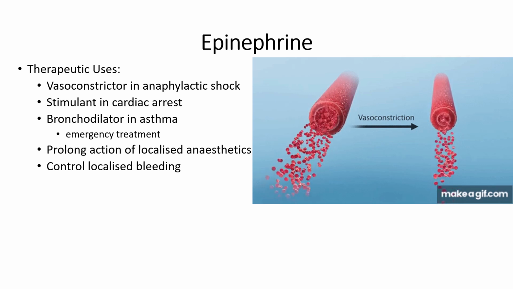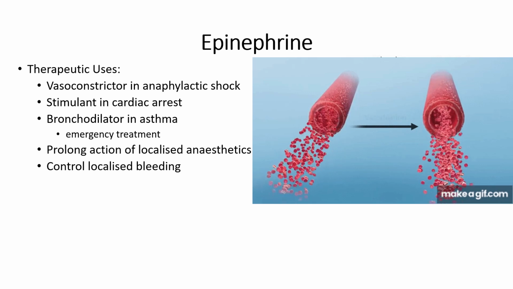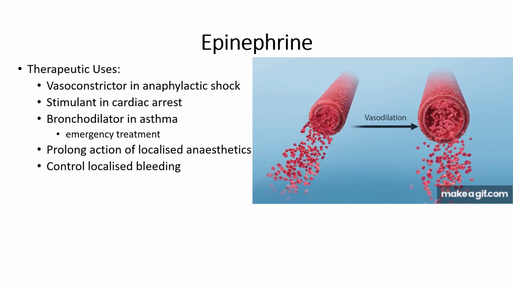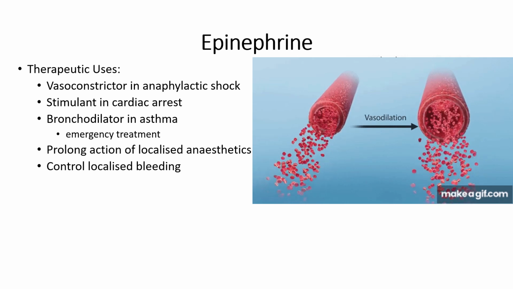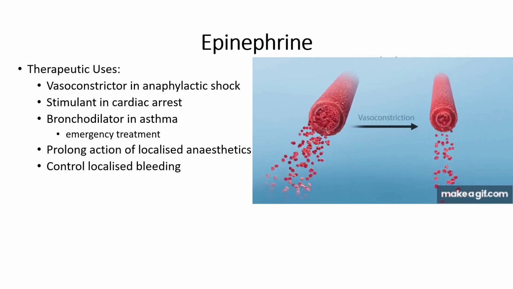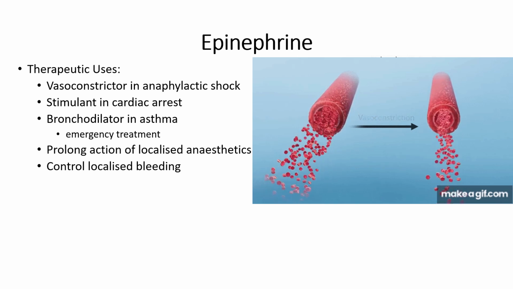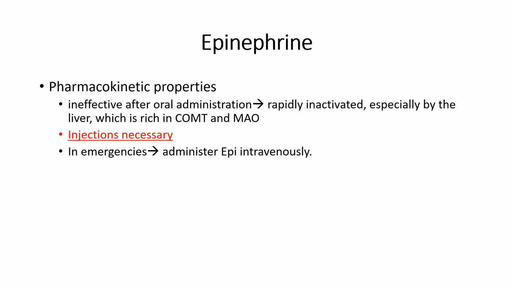Epinephrine is also used to prolong the action of localized anesthetics as well as to control localized bleeding, and this is because of its vasoconstrictive property. One of the things that you should remember about epinephrine is that it is ineffective after oral administration.